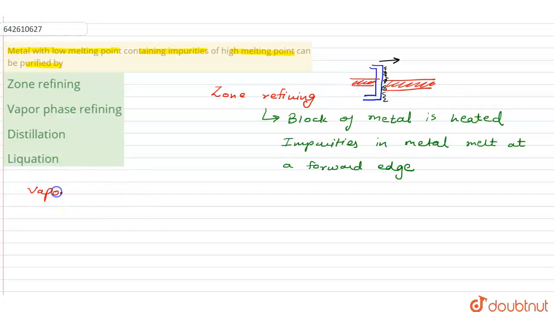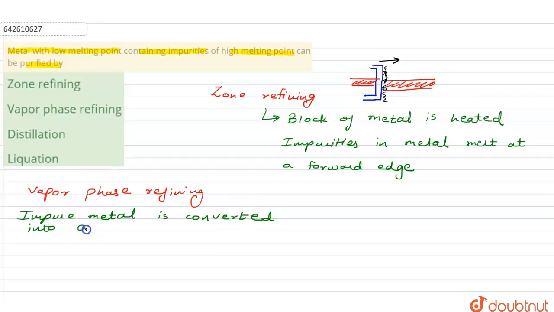Now what about vapor phase refining? Vapor phase refining is used for, say, zirconium or titanium. As the name itself suggests, we would have an impure metal which will be converted into a volatile compound, through combination with some other element.